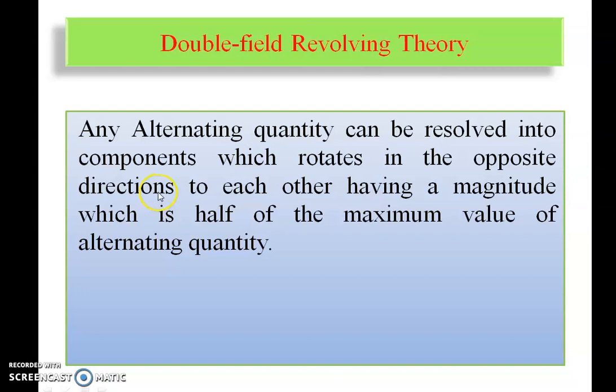It can be further divided into two parts, both of which are opposite to each other, and having a magnitude which is half of the maximum value of the alternating quantity. We will see the exact meaning of this.